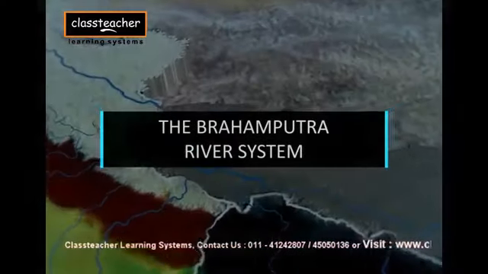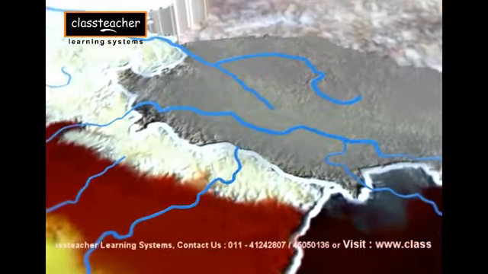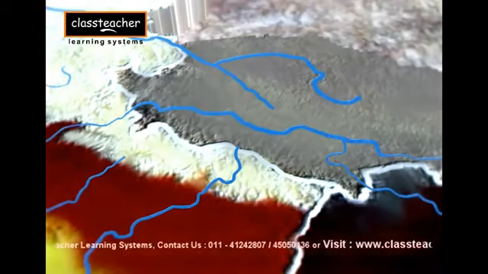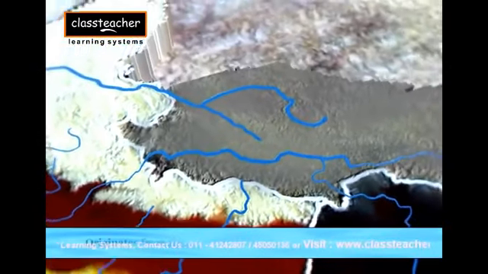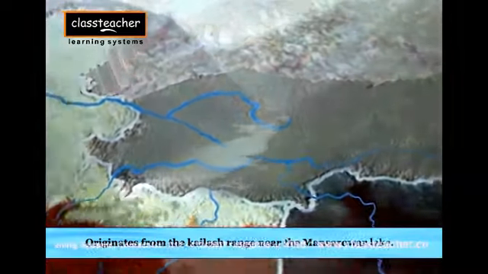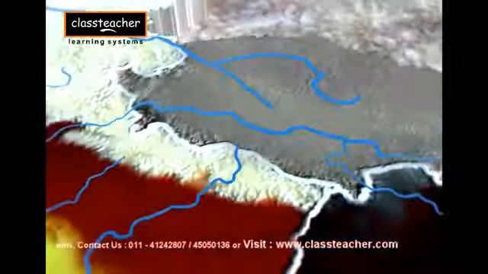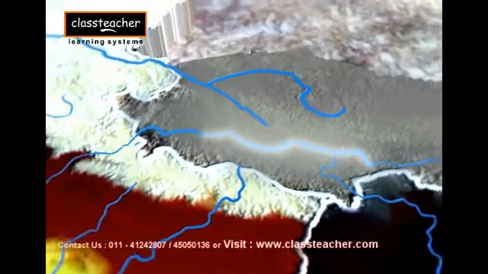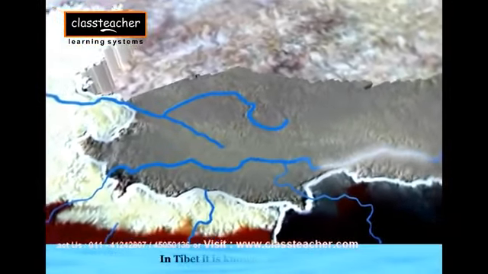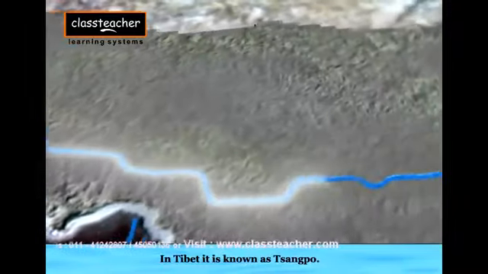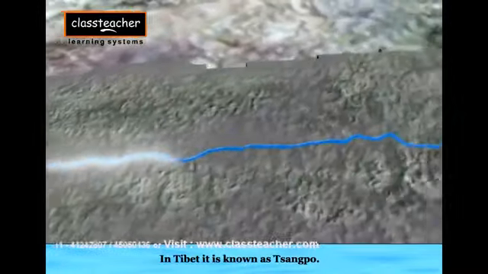The Brahmaputra river system. The Brahmaputra, one of the largest rivers of the world, has its origin in the Chemayungdung glacier in the Kailash range near Mansarovar Lake. From here, it flows eastward parallel to the Himalayas, where it is known as the Tsangpo, which means the purifier.